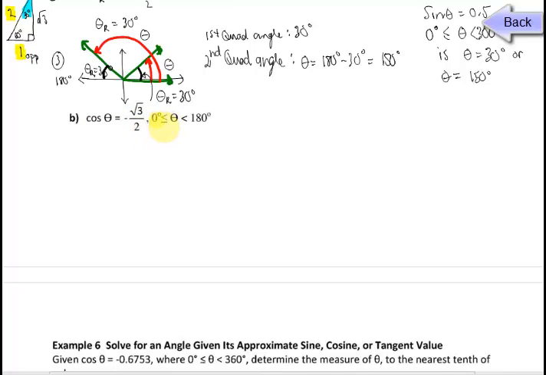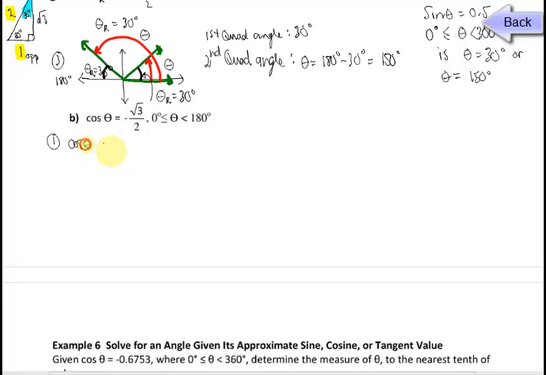And take a look at your restrictions now. Your angle theta can only be between 0 and 180 degrees, which means that there's only a possibility that it could either be in the first quadrant or the second quadrant. Okay, no other quadrants. So let's determine which of the two it is.